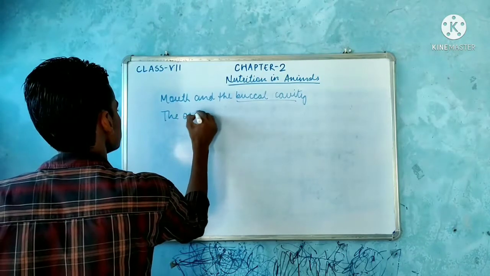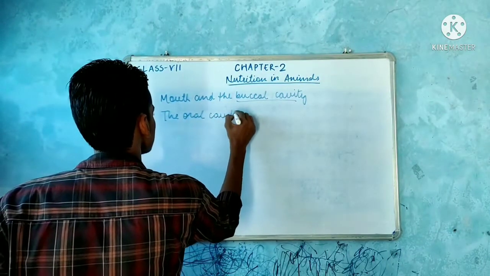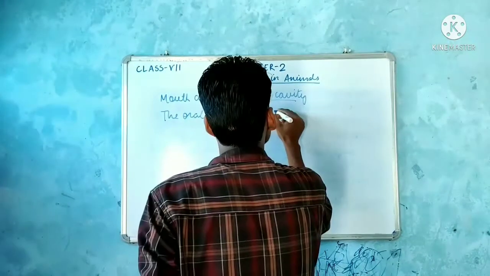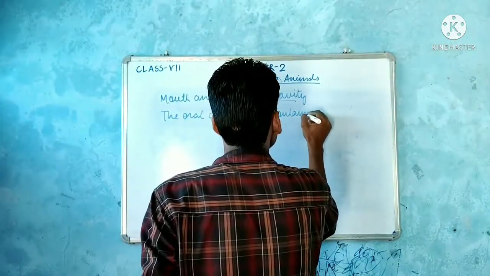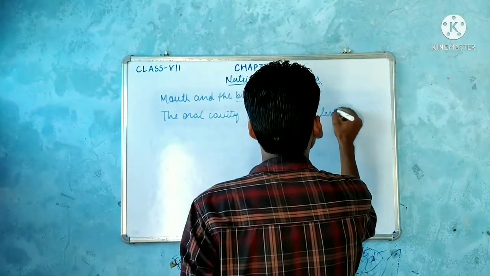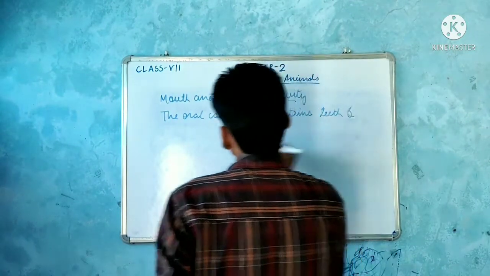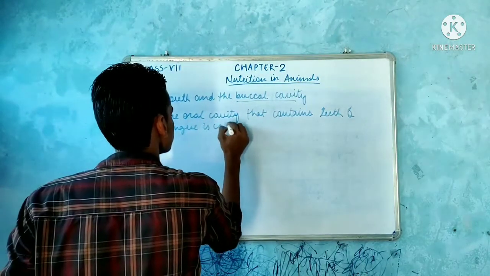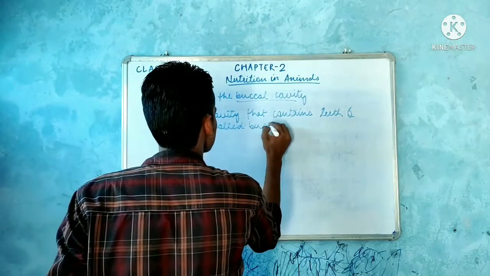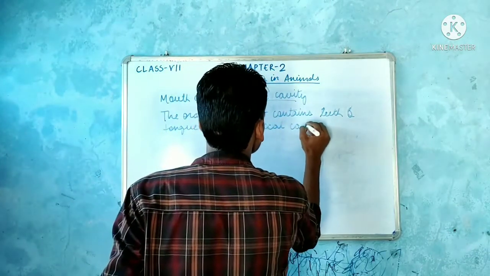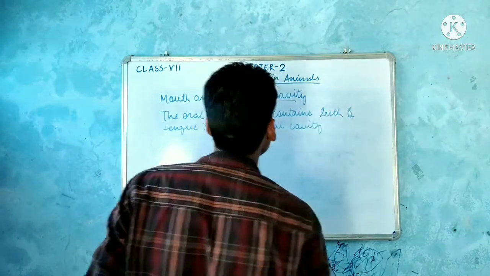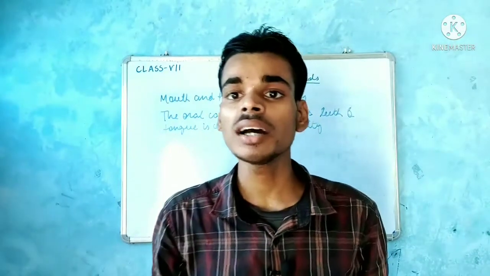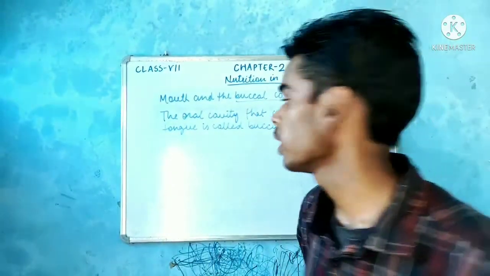The oral cavity that contains teeth and tongue is called buccal cavity. With the help of teeth and tongue and jaw movement, food is masticated in the mouth. It is mixed with saliva.